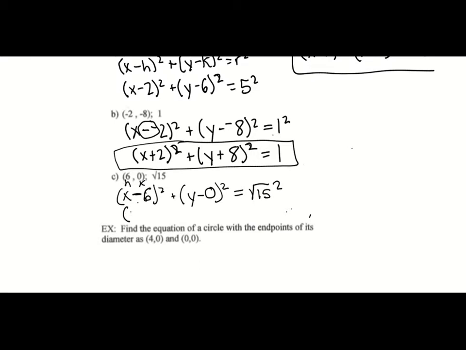Now, we can't do anything with this first part. This first part's going to stay (x − 6)². But y minus 0 is just y, so that leaves us with y squared. And remember, the square root and squared are inverse operations. So if we have both of those happening to that 15, we're going to be left with just a 15. This is our equation of the circle.